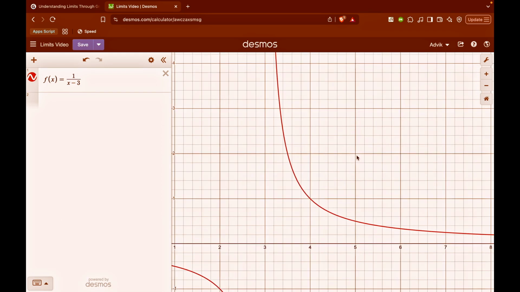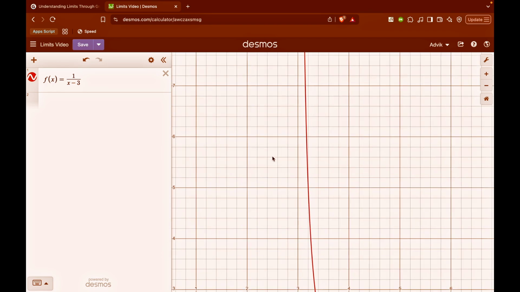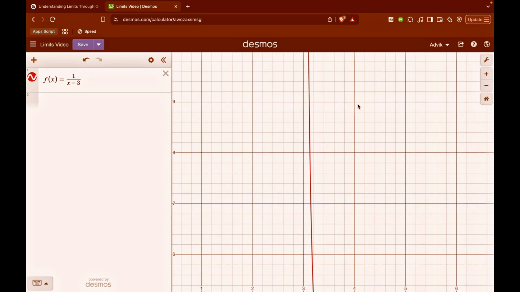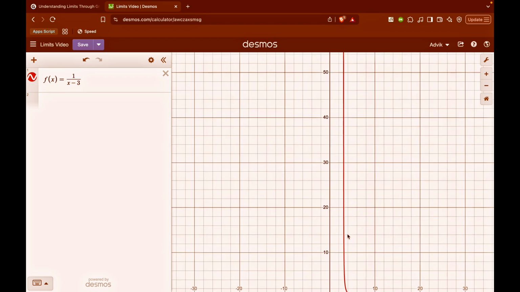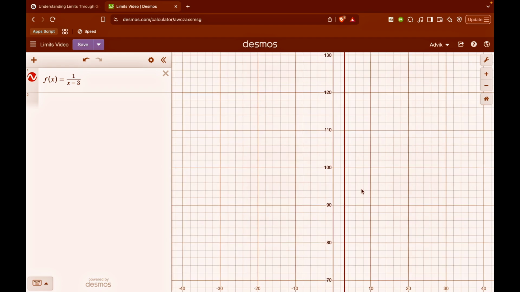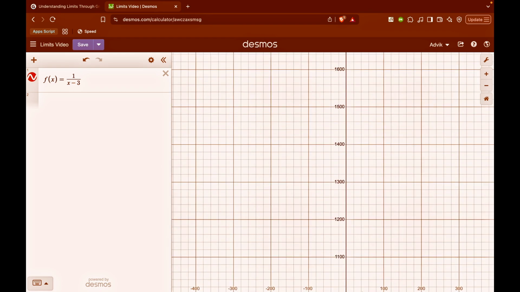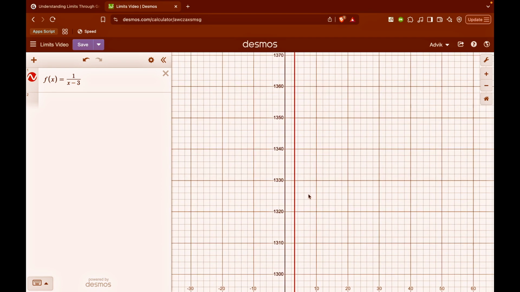So if we zoom in on the area around 3 and scroll up, as you can see, at 3.1 we're at around 7. If we go up and up, if we zoom out a lot and go up, like millions upon millions, but for us, we're only going to go to about 1300.